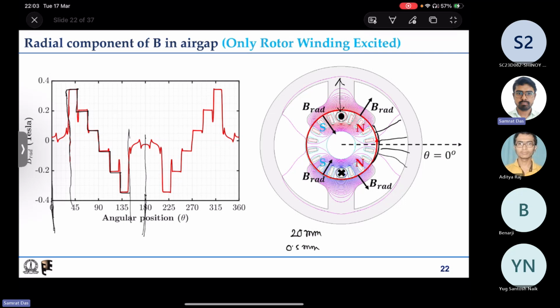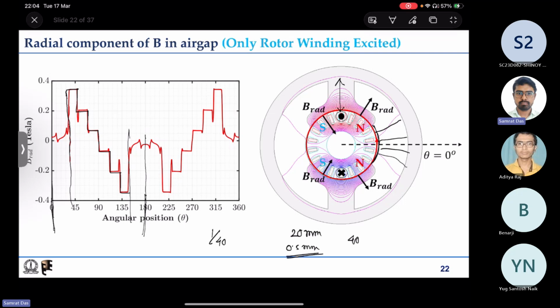So the length is higher by 40 times. So if B was something, it will be 1/40 times compared to the B that was there in the case where G was only 0.5 mm. This is a rough estimation.